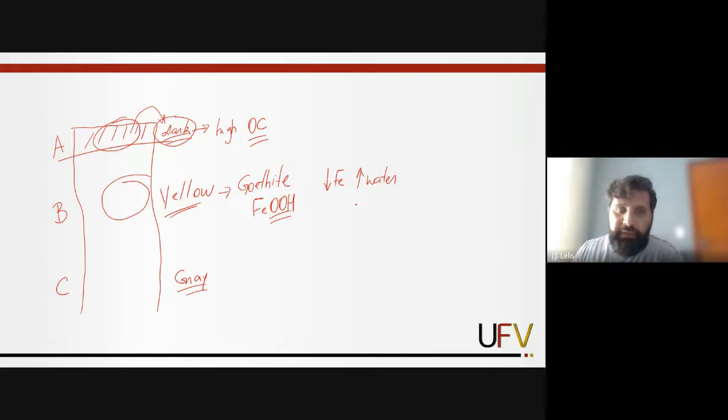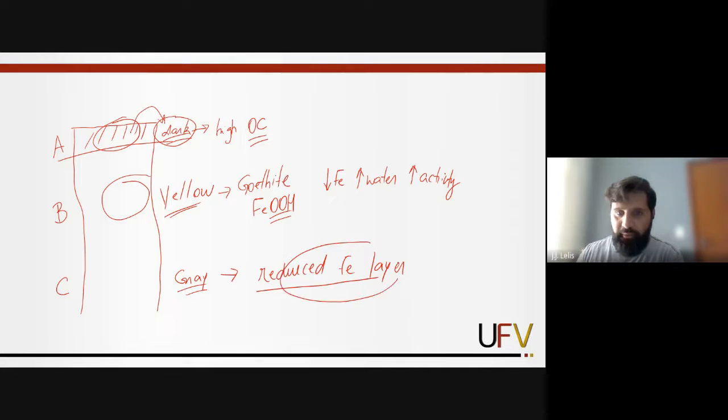Okay. We can have a lot of biological activity. And this gray color represents a reduced iron layer, a depletion of iron.